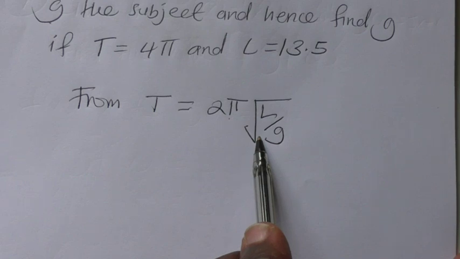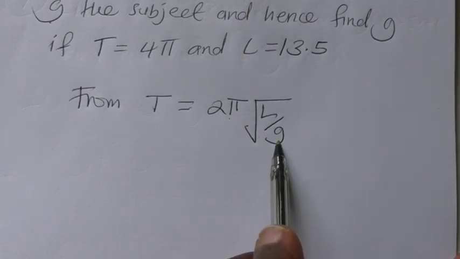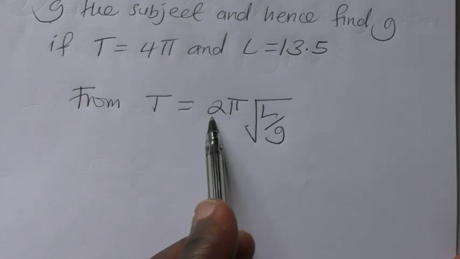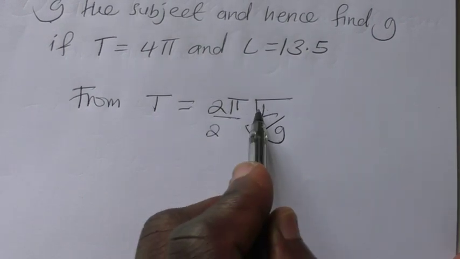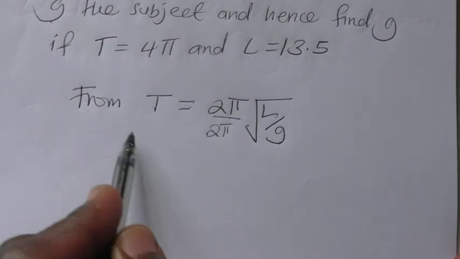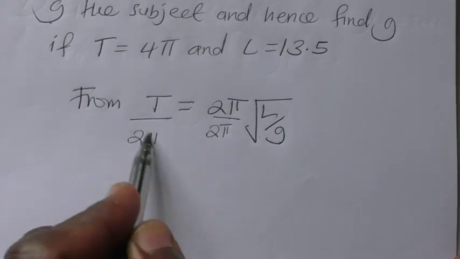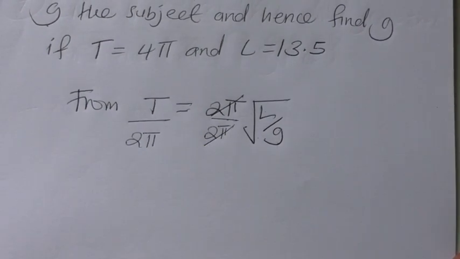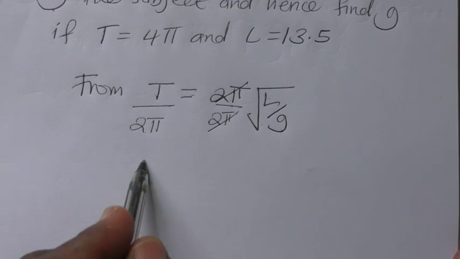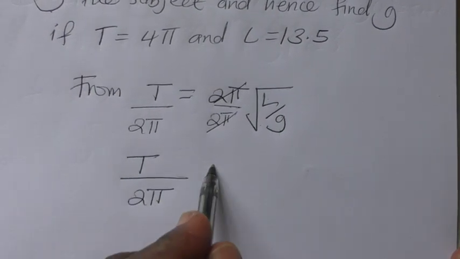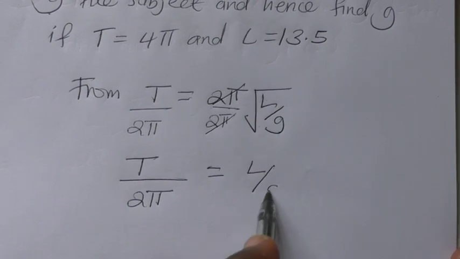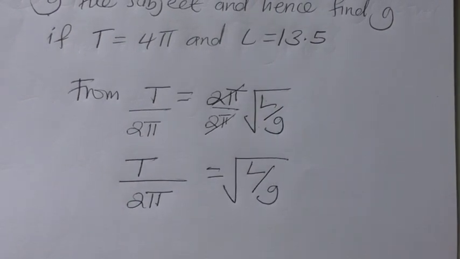The root is acting as a fence around these two. So it's better we first take what is outside the fence, by dividing. Since it is multiplying, multiplication goes with division. We divide on both sides, and now this will cancel out, so that we get t over 2 pi equals the root of L over g.